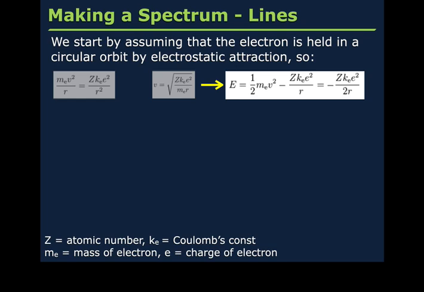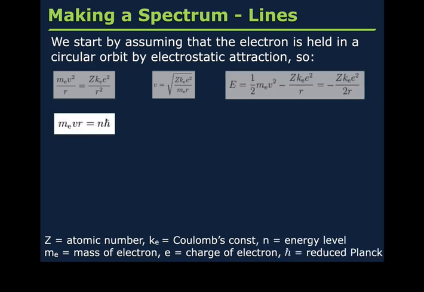We know that an electron isn't just going to hang out at any old radius because of the quantum rule. We're not going to go into the derivation, we're not going to worry about the background of where the quantum rule comes from, but we can invoke this rule, which is stating that the angular momentum of an electron has to be an integer multiple of h bar.